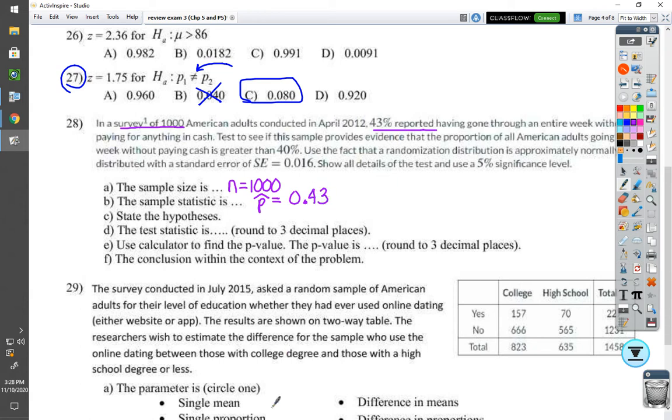That means p hat, you never report it as a percentage, is 0.43. State the hypothesis. Well, look at what we're trying to prove here. What we're trying to prove is that the proportion of all Americans who go a week without paying cash is greater than 40%. That means that H sub 0 is that the population proportion actually is 40%.